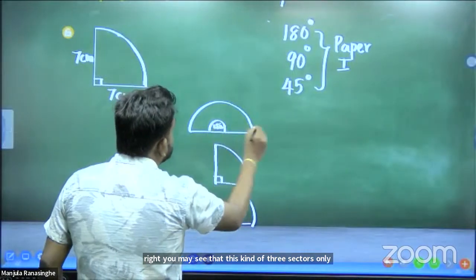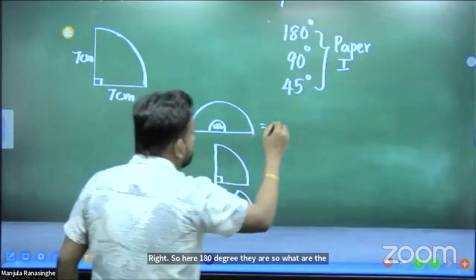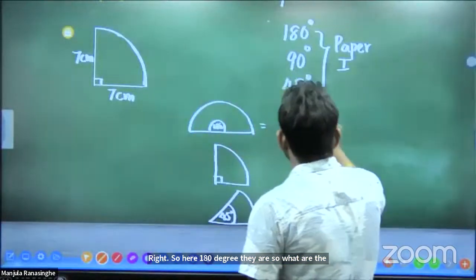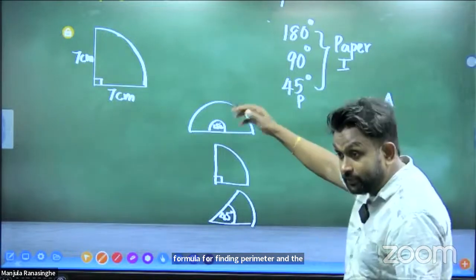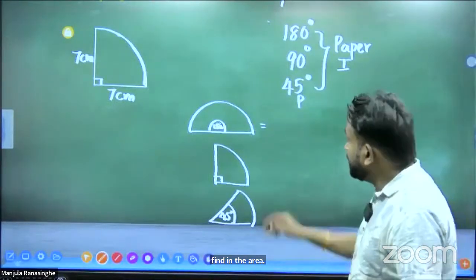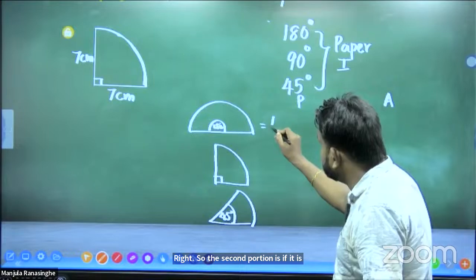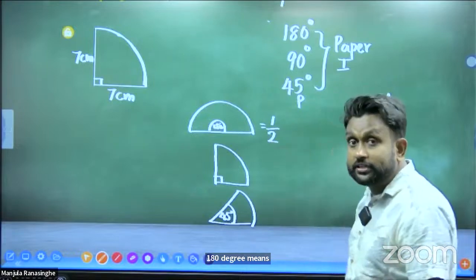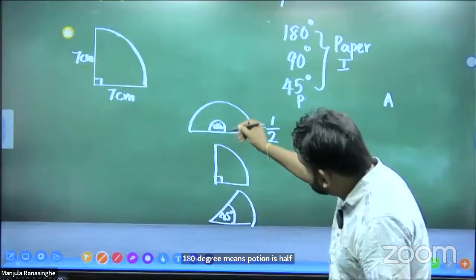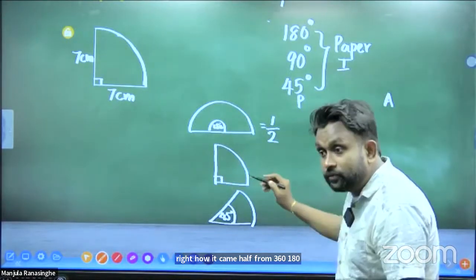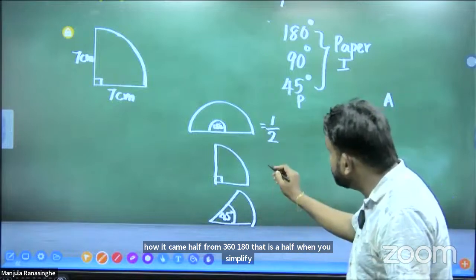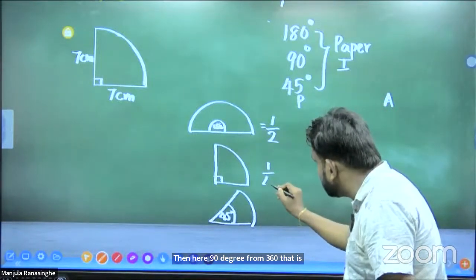So what are the formulas for finding the perimeter and the area? The sector portion: if it is 180 degrees, the portion is half, since 180 from 360 simplifies to half. Then 90 degrees from 360 simplifies to 1/4.